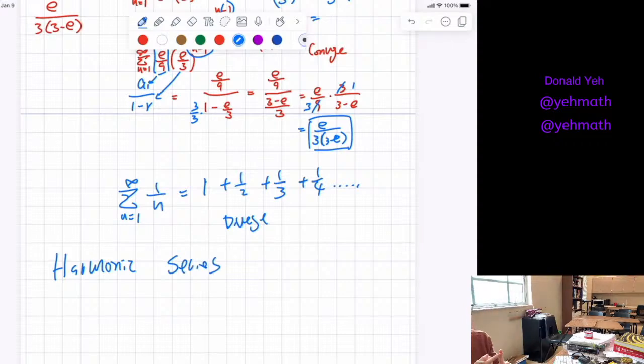We learned telescope. You can find a sum. Geometric. You can find a sum. Harmonic. Always diverge. Harmonic is Michael Jordan. Actually, harmonic is more like Kobe Bryant and LeBron James.